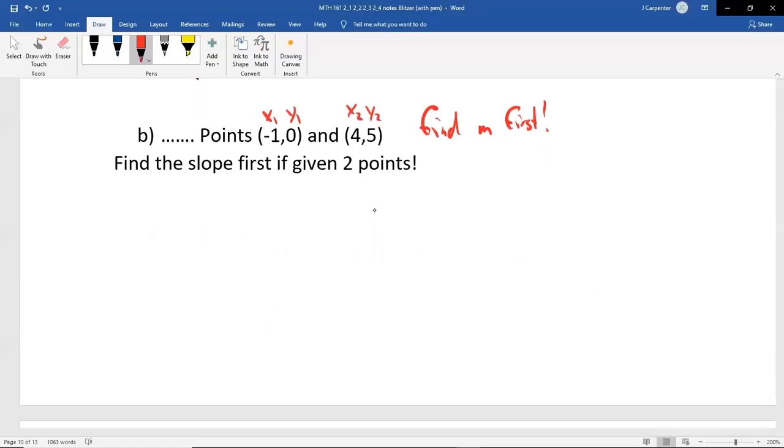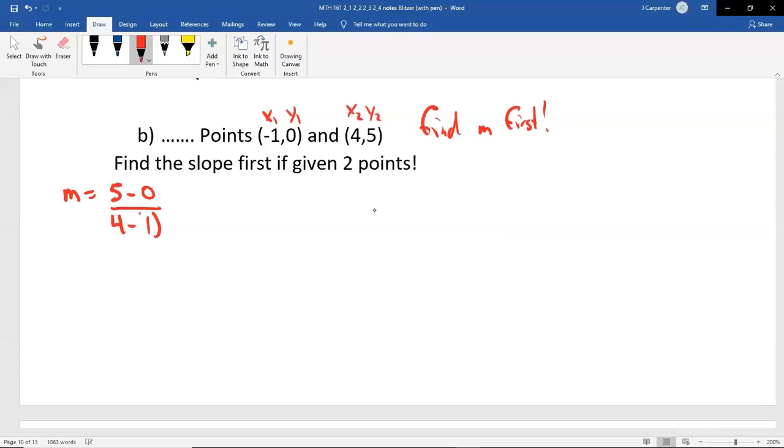All right, so m equals y2 minus y1, that's 5 minus 0, over, make sure you're putting the pieces of the puzzle in the right place, watch out for subtracting negatives, over x2 minus x1, that's going to be 4 minus -1. This is wrong. I've seen it so many times, but it's wrong. 4 minus -1, this says 4 minus 1.